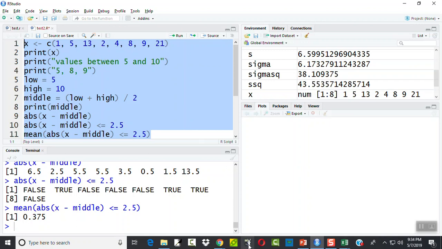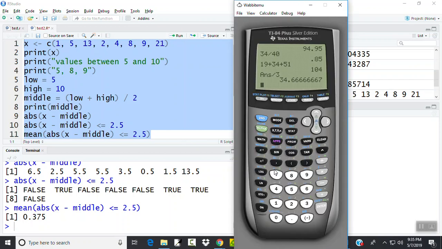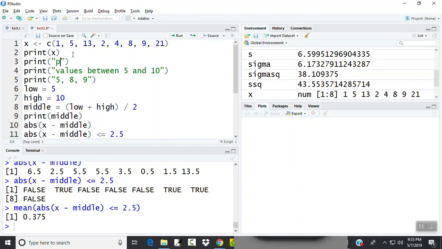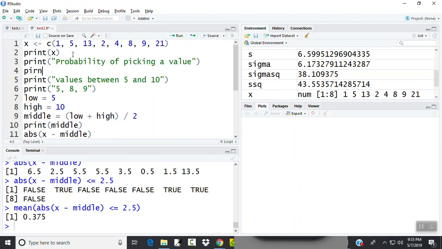And I said there's 3. 3 divided by 8 is 0.375. So this is the probability. If I was studying a problem, this would be a problem to calculate the probability of picking a value out at random between 5 and 10.